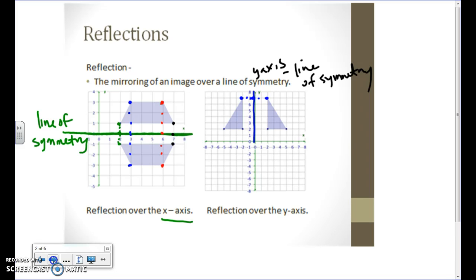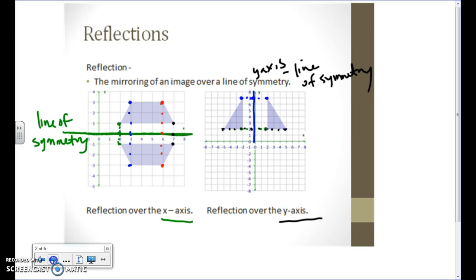They are reflected over the y-axis, the vertical axis. This point is exactly 2 away, as well as this point is exactly 2 away. They are reflected over the y-axis. And this point is 1, 2, 3, 4, 5 away, and this point is also 5 away. So you can see that they're reflected, and the y-axis is the vertical axis, so that would be your line of symmetry.